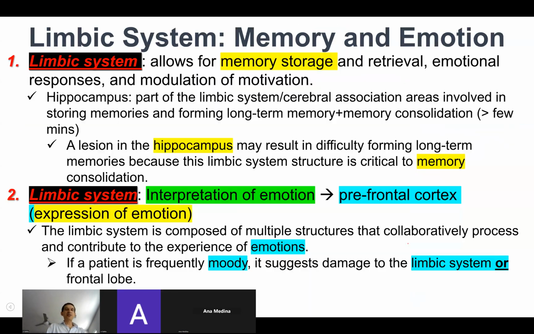The hippocampus is very important for memory formation. A lesion in the hippocampus will prevent a patient from forming long-term memory, and memory will not be consolidated. It is very important for storing memories, especially long-term memories.